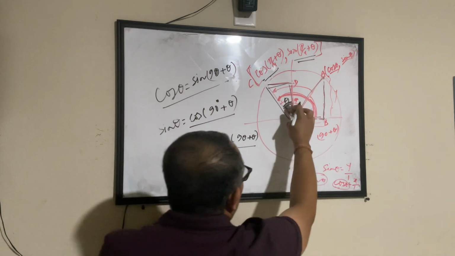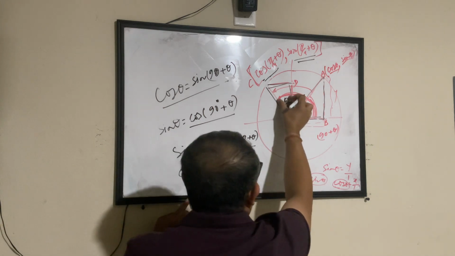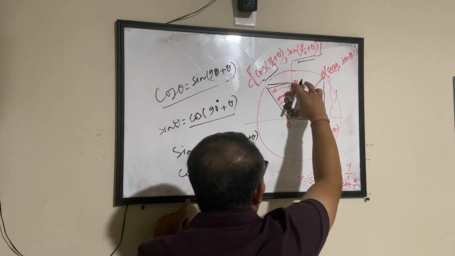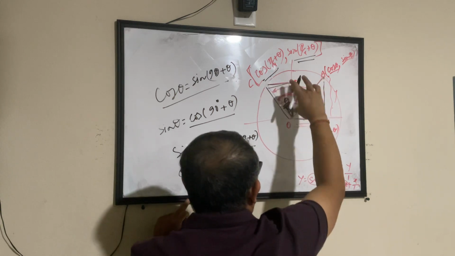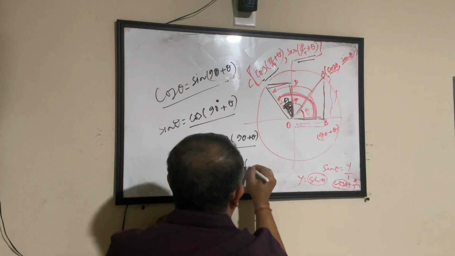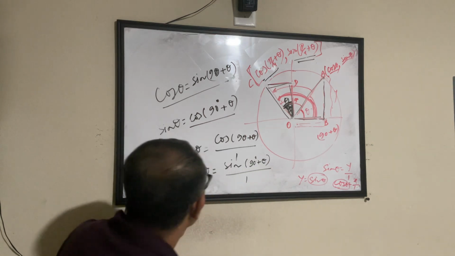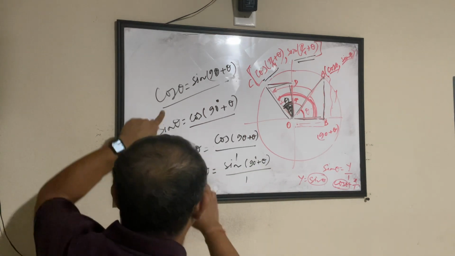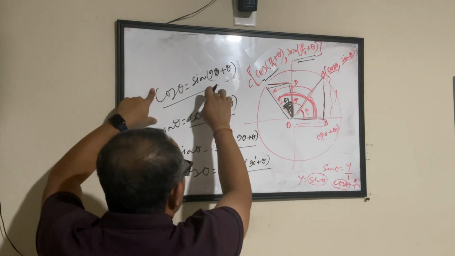And then if you look at the cos of this angle, this will be this height or the y coordinate value divided by the hypotenuse. Y coordinate value is sine 90 degree plus theta divided by radius plus 1. So this is exactly what you see here. Sine theta equals cos 90 degree plus theta, and cos theta equals sine 90 degree plus theta.